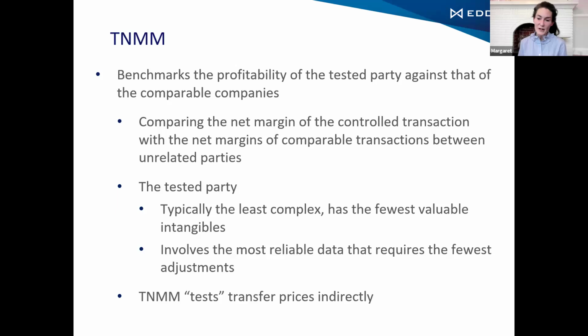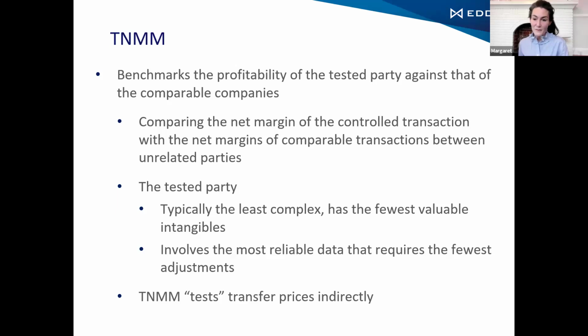You also pick the tested party based on the data that you have. Even if you know that the least complex entity is entity number one, you might not be able to pick it because you might not be able to get financial data on that entity. If you're engaged by a subsidiary of a group, you can get that subsidiary's financial data, but you may not be able to get the financial data of the other related party engaged in that transaction.